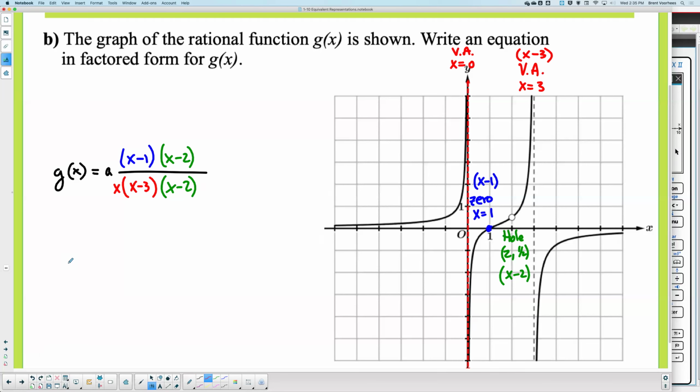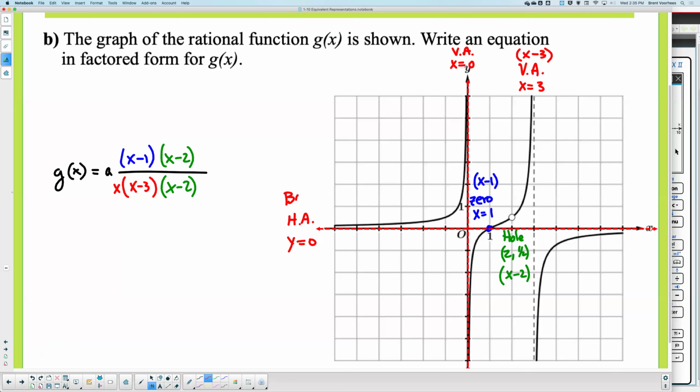Any other key features we need to hit? Horizontal asymptote. Tell me about the horizontal asymptote. If our horizontal asymptote is y equals 0, what's the case for the degrees? Are my exponents the same? Is it bigger on bottom or bigger on top?